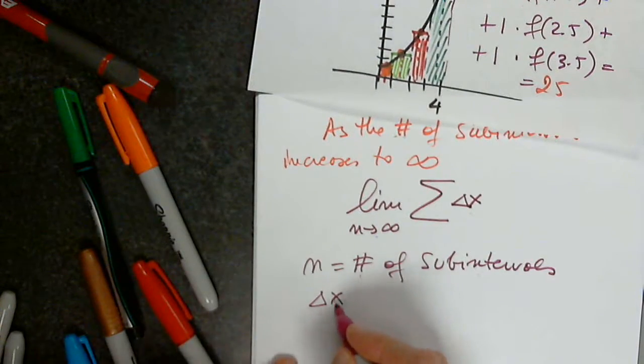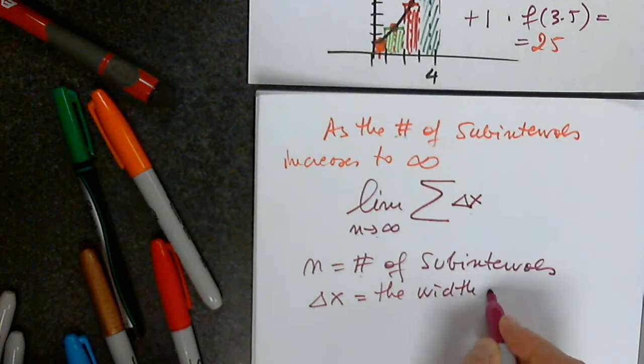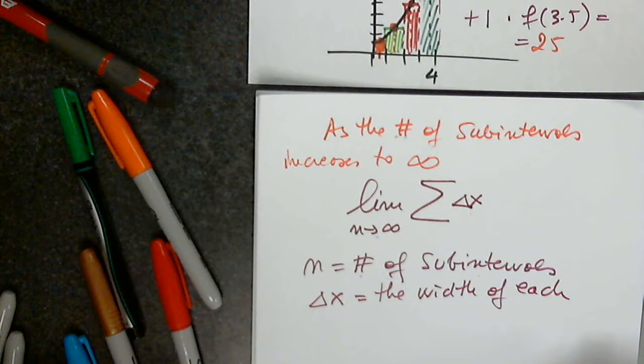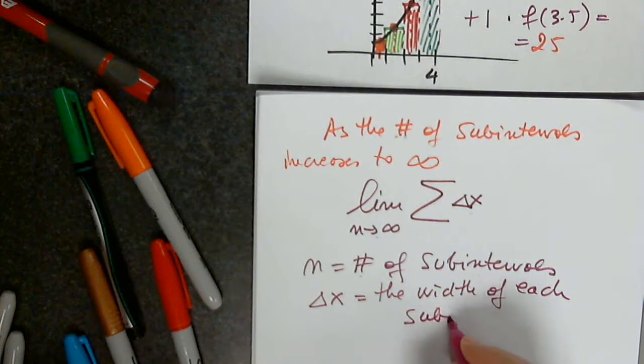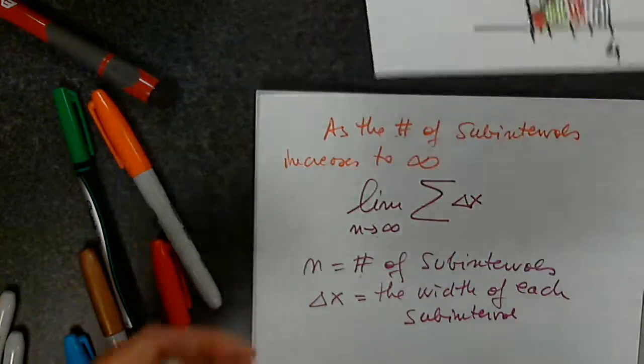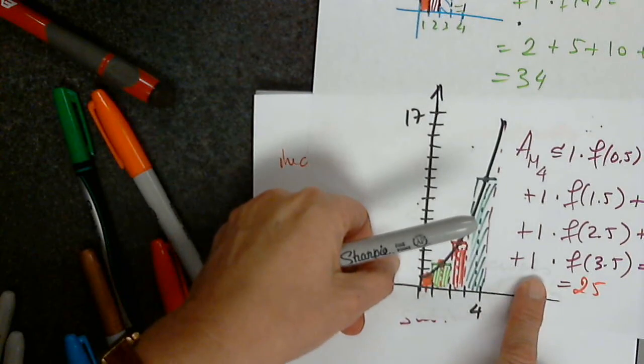So delta x is the width of each what? Subinterval, right? This is the width of each subinterval. Here I had 4 subintervals, so the width was 1.